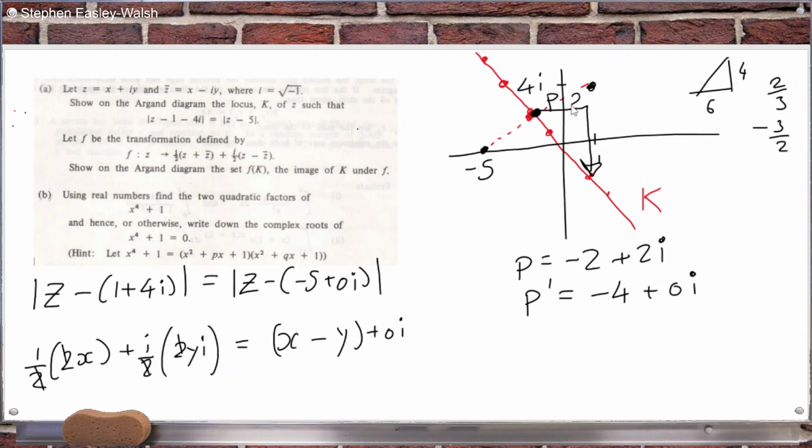So if I take a Q here, if I go to the right 2 units, that would have me at 0 plus 2i, but then I have to drop 3 units, so that's 0 minus i. So I think a second point would be 0 minus i.